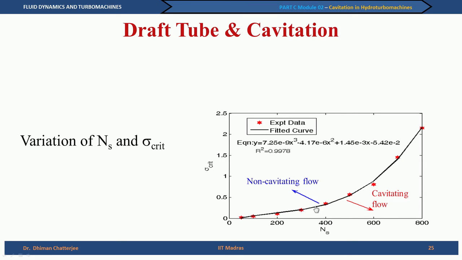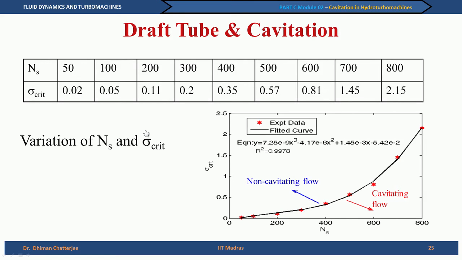This line is the critical cavitation number. If you have a cavitation number above the critical cavitation number, there is no cavitation. If you have a cavitation number less than the critical cavitation number, you will get cavitation. From a design perspective, the Kaplan turbine design will be more challenging, because it lies in a region more susceptible to cavitation.